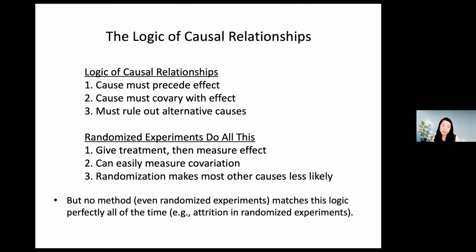So randomized controlled trial actually can meet all the three principles, because when you give an experiment, when you create this treatment, then you measure the effect. So the cause came before the effect. And also it can easily measure the covariations.